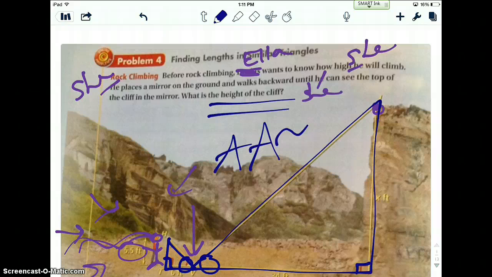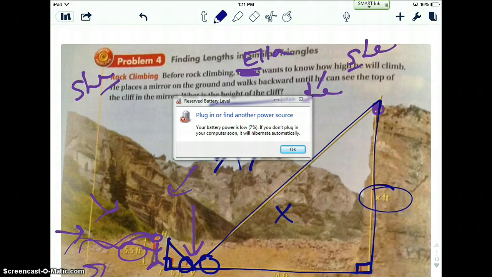So I would set up a proportion here. I would say x relates to 5.5, because that's how tall Ella is, just as 34 relates with 6. And they're all in feet, so I'm good.